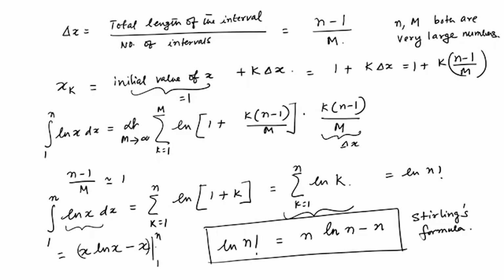So, let me do another problem. Let me state the problem first. So, this Stirling's formula can be applied, and also you know how to calculate the number of microstates in a microcanonical ensemble.